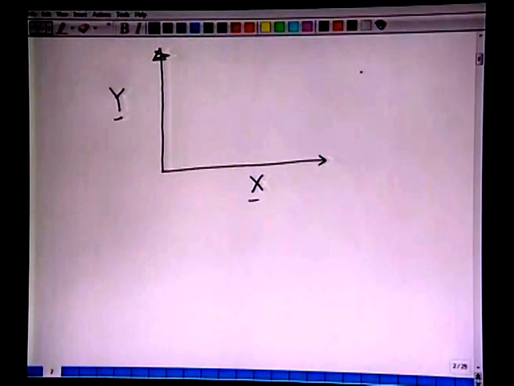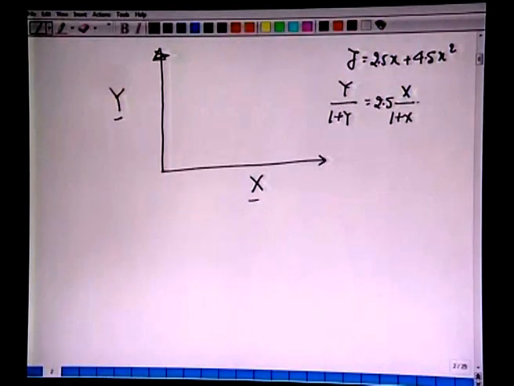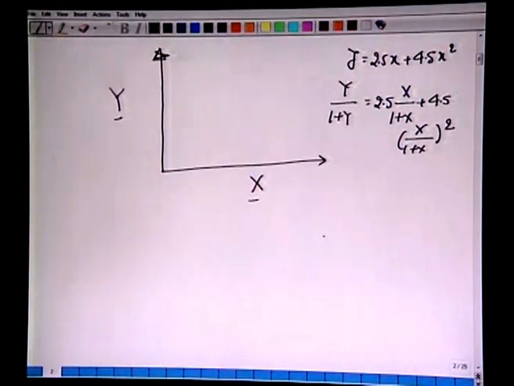So if we have the equilibrium curve given as small y equals 2.5x plus 4.5x square, we can write it as Y over 1 plus Y equals 2.5 capital X over 1 plus X plus 4.5 (X over 1 plus X) square. If you recall, in all the previous lectures, we said that all the problems of absorption can be done graphically, or one can solve analytically.